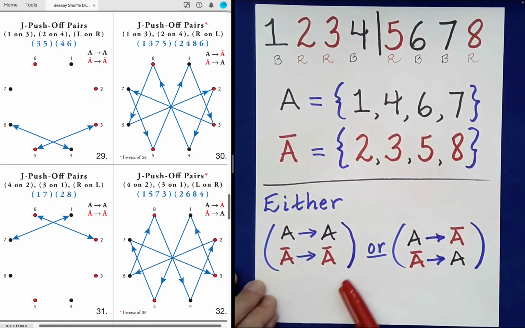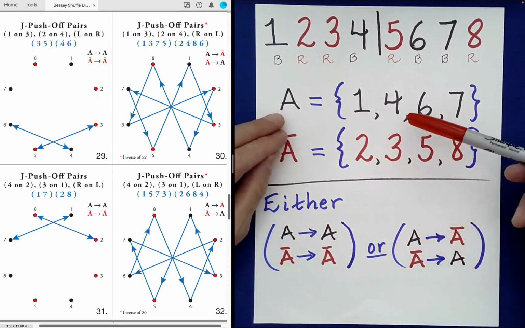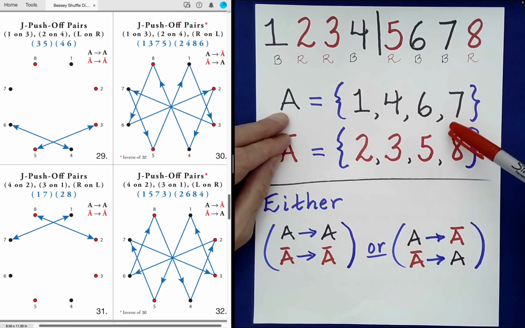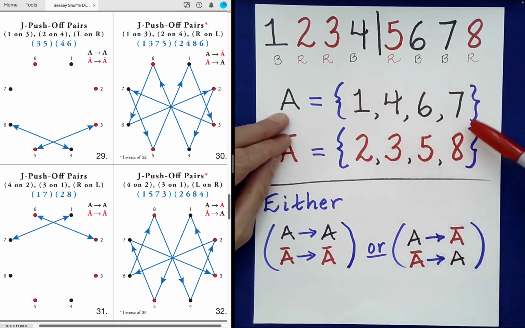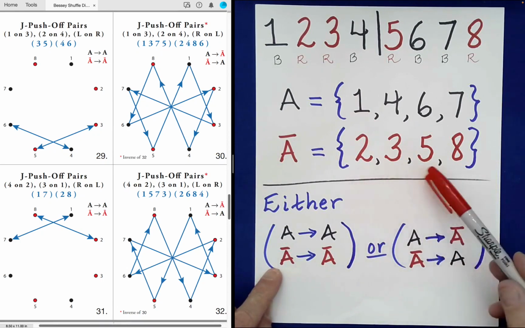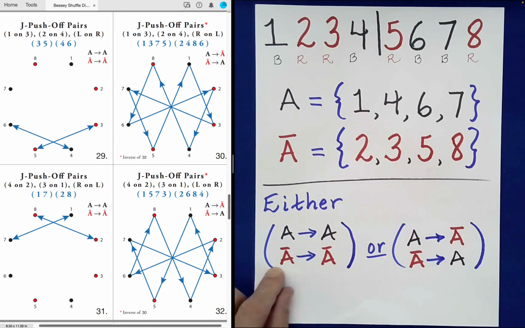Also, we have this set of symbols here representing the situation where cards in positions 1, 4, 6, 7 remain somewhere in those positions, 1, 4, 6, 7, after a particular shuffle is performed. Similarly, the cards in positions 2, 3, 5, 8 also stay somewhere within those same position values.